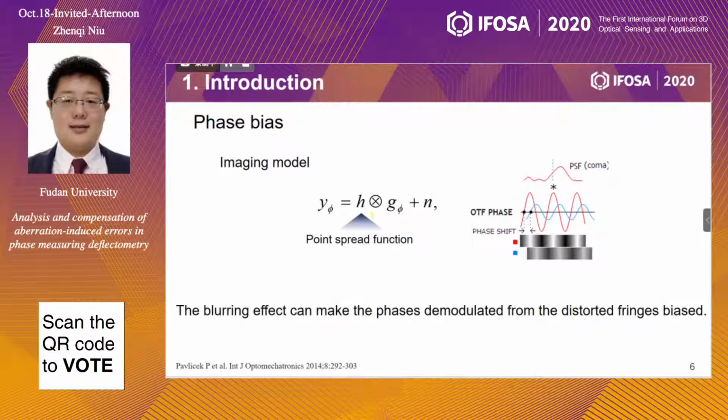H is the blurring kernel, also named the point spread function. G phi is the ideal image. The captured image is the convolution of the blurring kernel and the ideal image. If the PSF is asymmetric because of coma, the blurring kernel can cause bias in the phase demodulation of the distorted fringes.